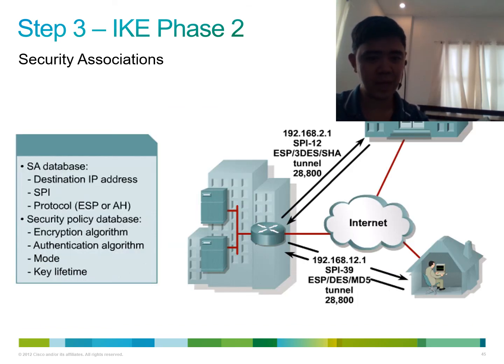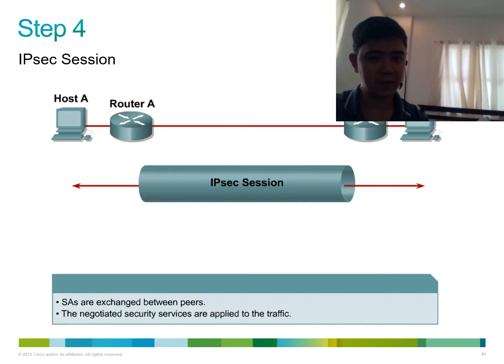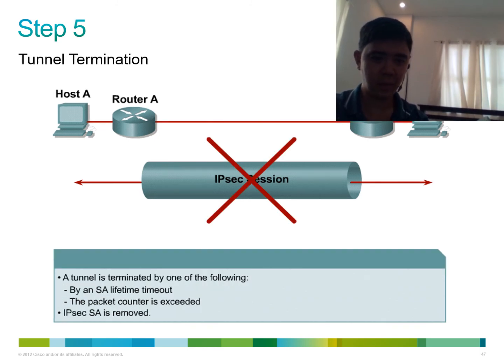I have an example here. Once phase 1 and phase 2 are established, that is when the IPsec session starts, meaning data transfer. Once data transfer ends, the IPsec tunnel will be terminated.